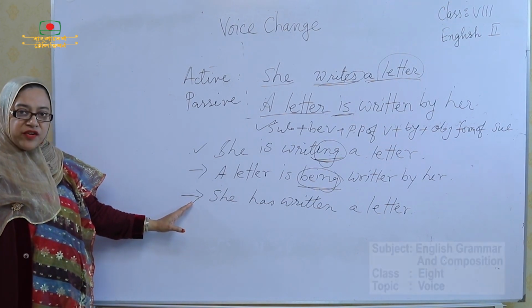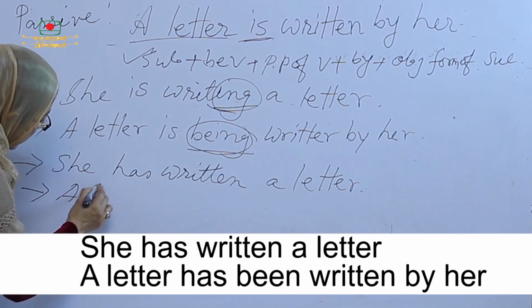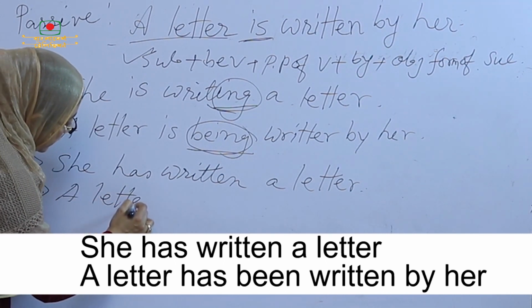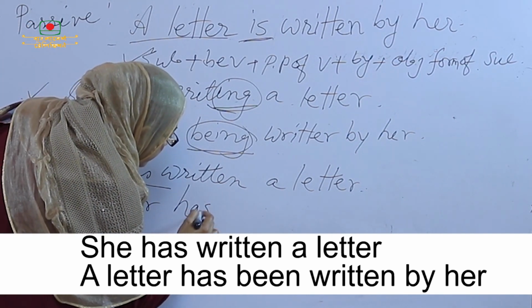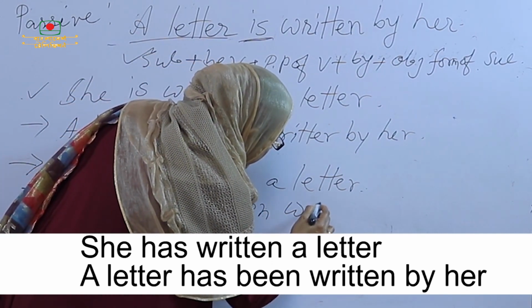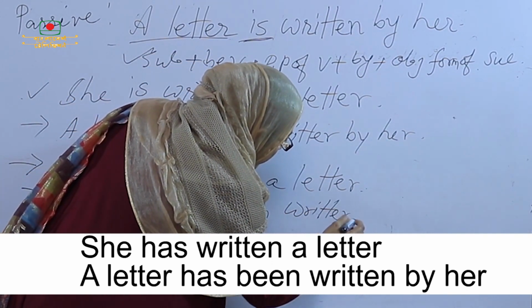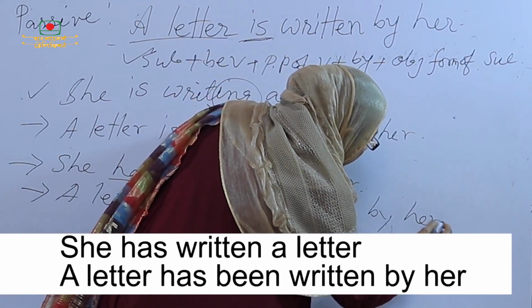So how can we turn it into passive? Look at the board. A letter, if there is "has", so we write "has been", and then the past participle form of the word, then by, and also her.